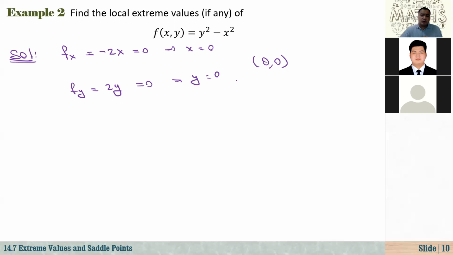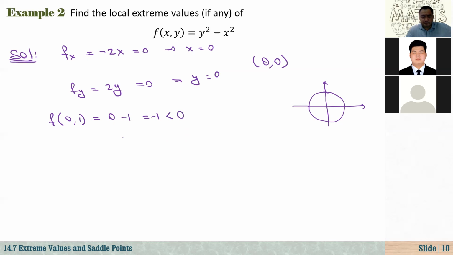Okay, but how do I know that it is actually a local maximum or local minimum? If you just take some open disk centered at the origin, any disk, it doesn't matter the radius, let me just take any point. For example, evaluate f(0, 1), that is equal to 0 minus 1, which is negative 1, less than 0.